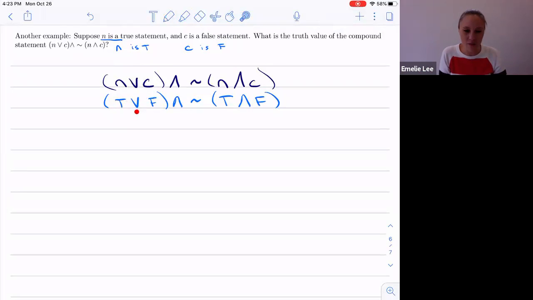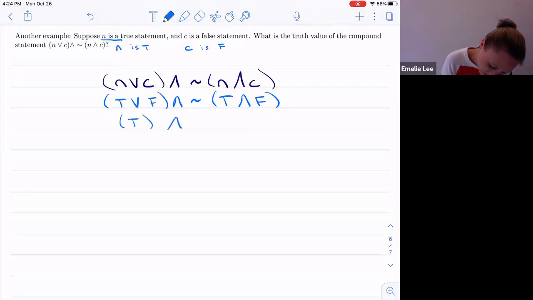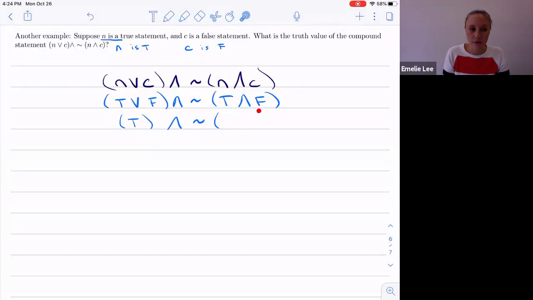Dealing with inside the brackets first, right? True or false, as long as one of those is true, we have a true statement, right? And so here, inside these brackets, we've got true, and then outside we've got "and" then true and false. Well, because one of these is false, I've got a false statement. Kind of ballooning out, right? I have to negate this F first before I can combine it with the T, right?